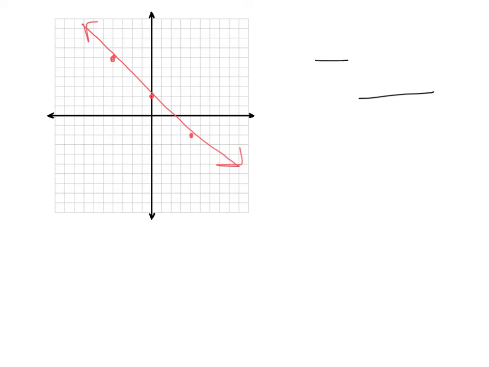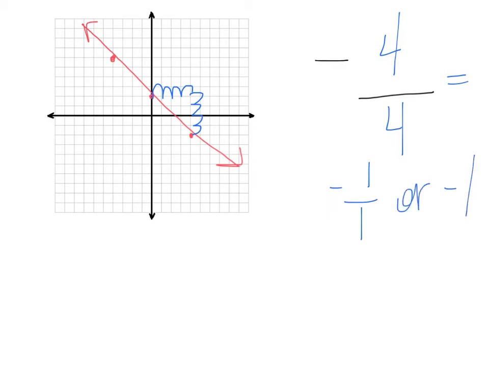So when I do this, I'm going to go 1, 2, 3, 4. So I have negative 4 over 1, 2, 3, 4. I have negative 4 over negative 4. That can reduce to negative 1 over 1 or just negative 1. I would accept either answer.